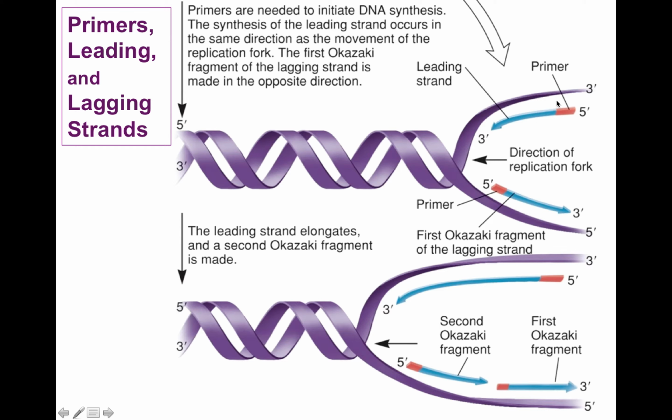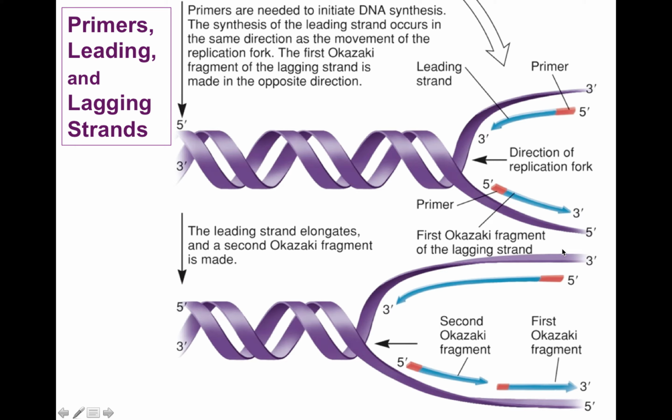This top template strand then allows DNA synthesis to proceed uninhibited through the entire length of the DNA molecule. Once you prime the DNA synthesis with an RNA primer, DNA polymerization can occur uninterrupted as the replication fork proceeds down the DNA molecule.